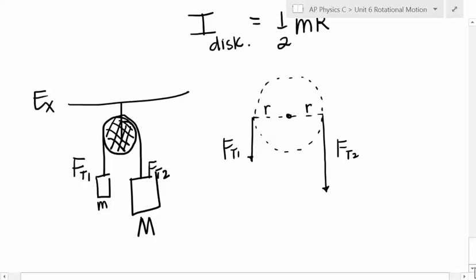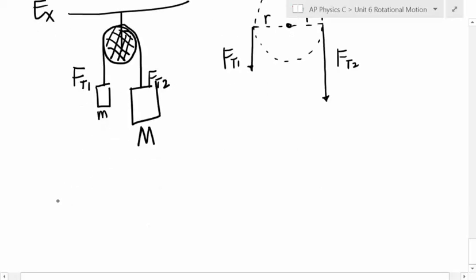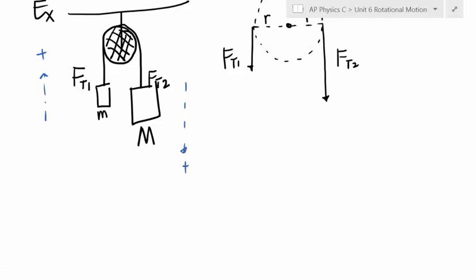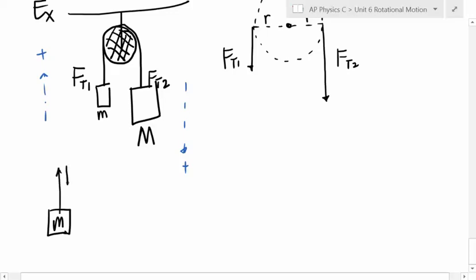So just like we've done before, we would draw the force diagram. So the little mass goes up, and that's the positive direction. The big mass goes down, and that's the positive direction. The little mass is going to have a tension force up. I'm going to call it Ft1. It'll have a smaller Fg of little m because unbalanced forces cause acceleration.